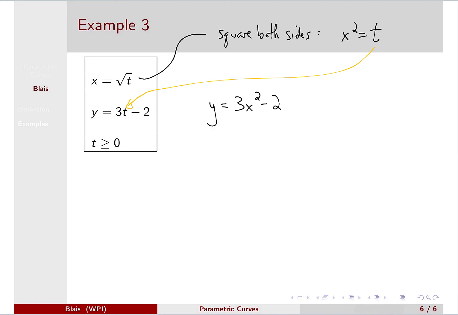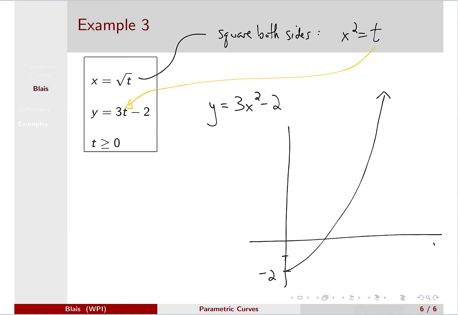And we know exactly what that looks like because 3x squared minus 2 is something we know how to graph. But we're only working for t greater than or equal to 0, which would mean x greater than or equal to 0.